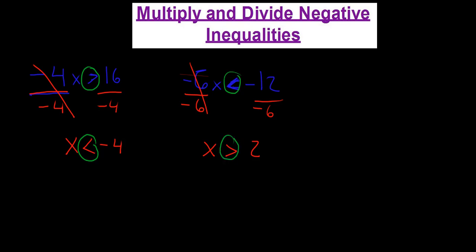Okay. Now let's try a division problem. Let's say that we have negative x over 2 is going to be less than or equal to 4. Now, we have a negative sign, but what this is basically saying is that the overall fraction here is negative.